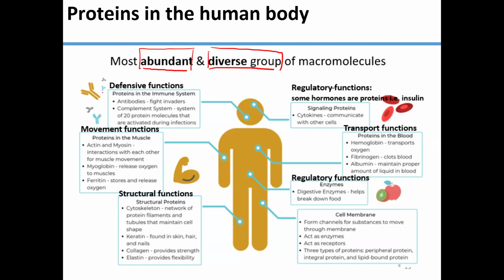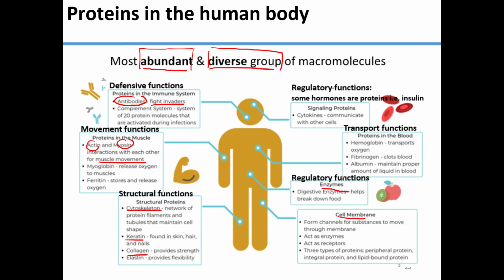Some great examples are antibodies, which are proteins used to fight foreign invaders. We have actin and myosin, which allow for muscle movements. We have cytoskeletons, a network of protein filaments and tubules, keratin found in our hair and nails, collagen that gives our skin strength, and cell membranes.